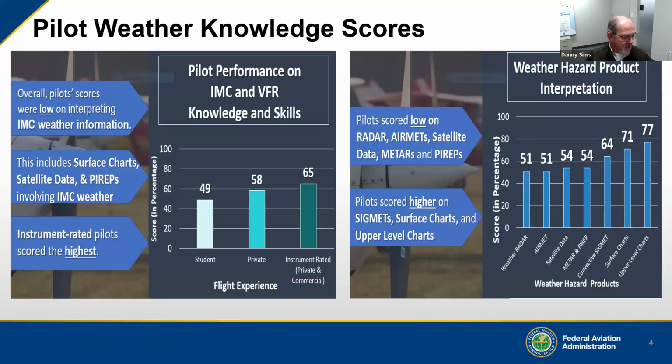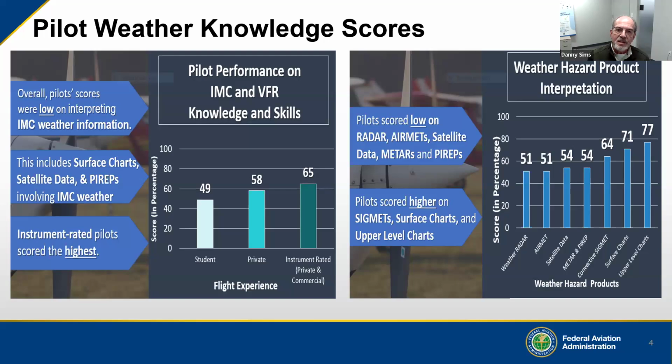So what is the problem that we're trying to fix? And it's a two-part one. The first part that I want to focus on here is the gaps in weather knowledge from pilots. These are some results from a study that Embry-Riddle Aeronautical University did for us.